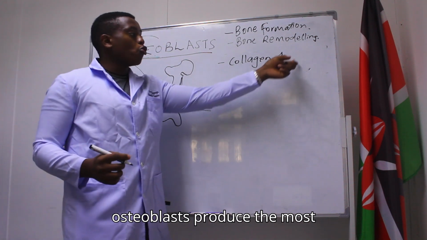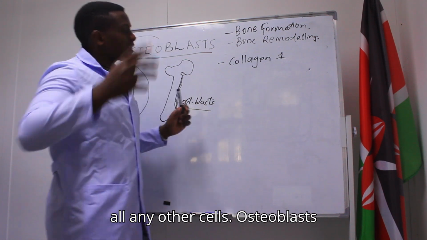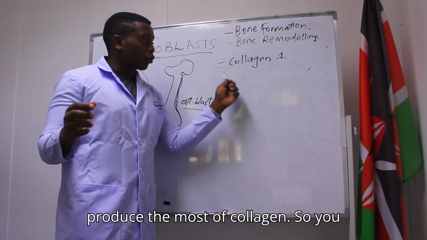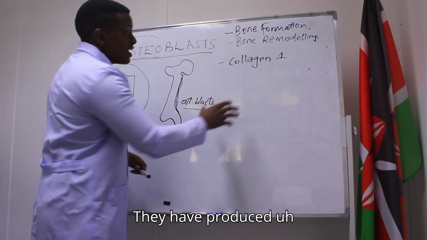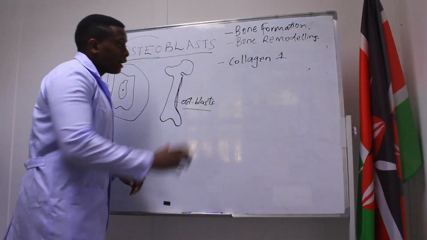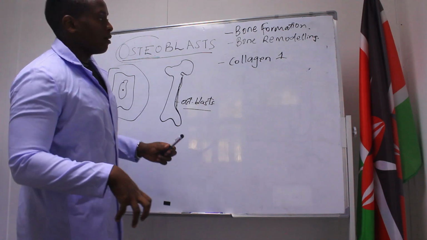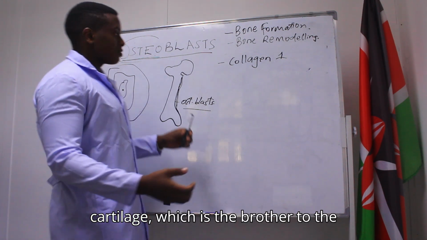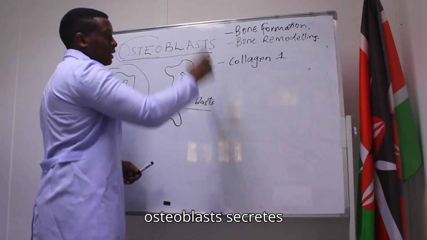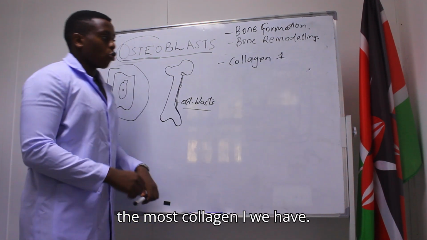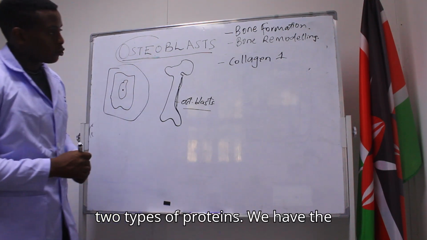Osteoblasts produce the most collagen 1 matrix of any other cells, so you can see the importance of osteoblasts. The cartilage, which is the brother to the bone, consists of collagen 2, but osteoblasts secrete the most collagen 1 we have.